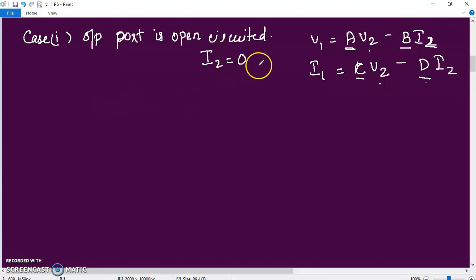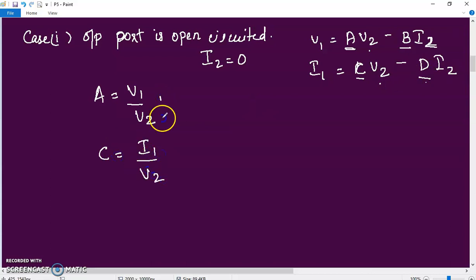So when I2 is equal to 0, we will get A is equal to V1 by V2. From the second equation we will get C. When I2 is equal to 0, C is equal to I1 divided by V2. These both occur when I2 is equal to 0.